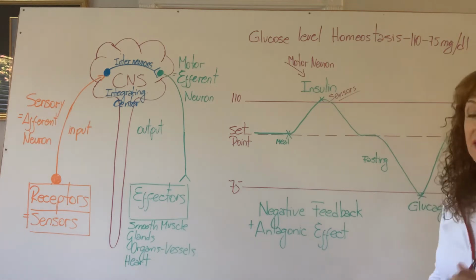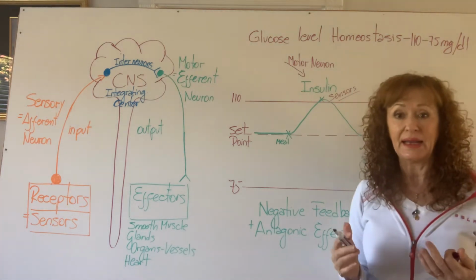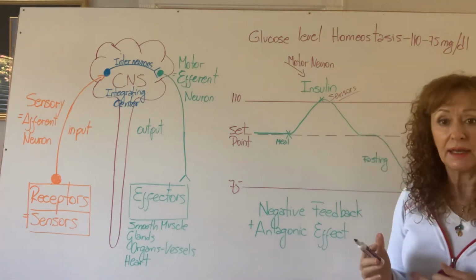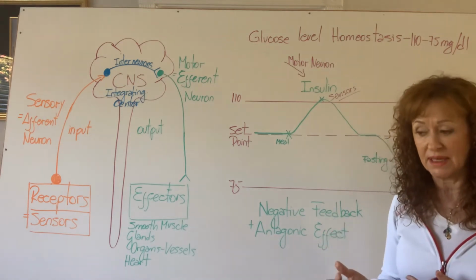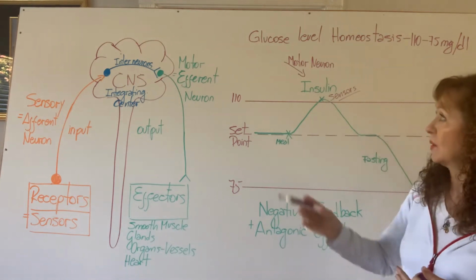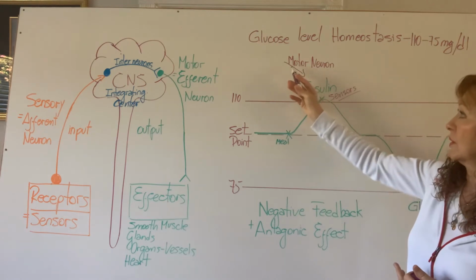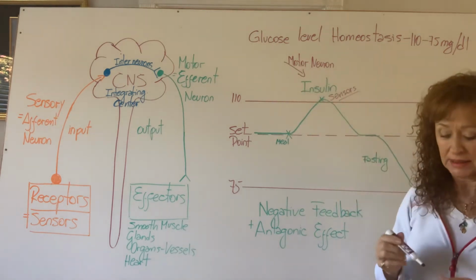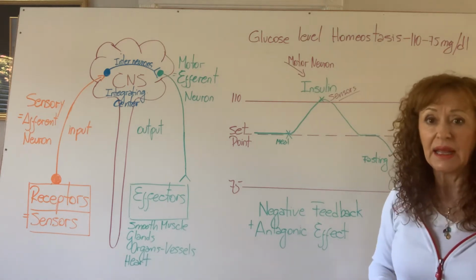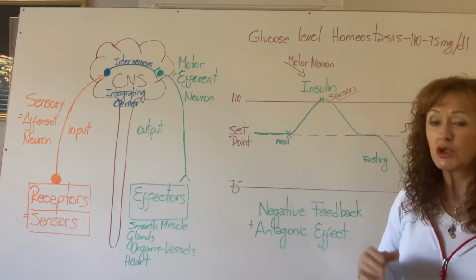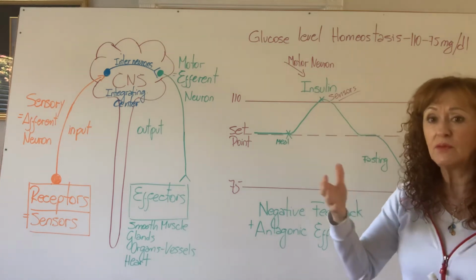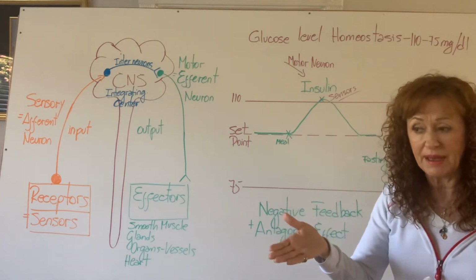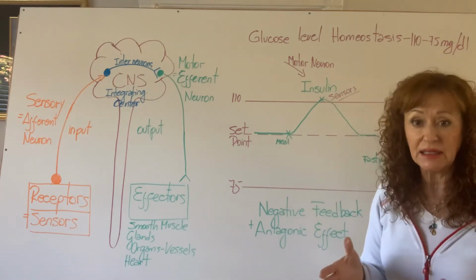The pancreas is the one that has the islets of Langerhans, containing the alpha cells and beta cells. In this case in particular, the efferent motor neuron reaches the pancreas and specifically instructs the beta cells to secrete insulin.